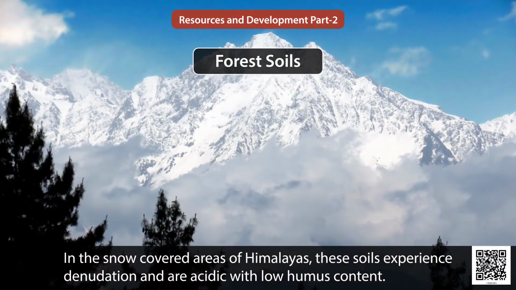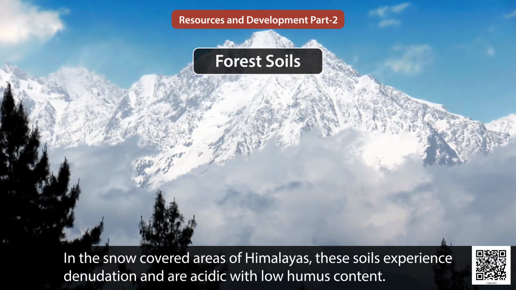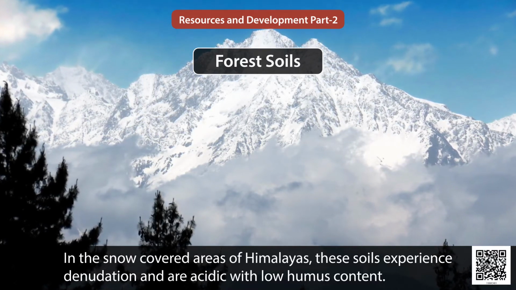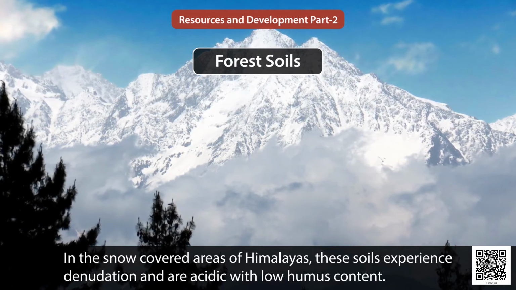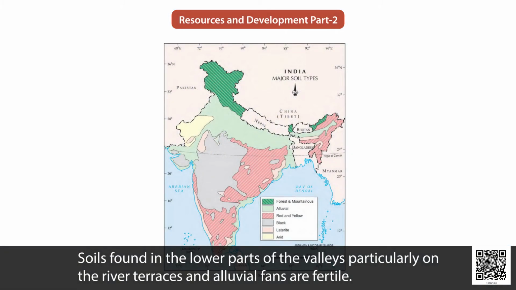In the snow-covered areas of Himalayas, these soils experience denudation and are acidic with low humus content. These soils are found in the lower parts of the valleys, particularly on the river terraces, and alluvial fans are fertile.